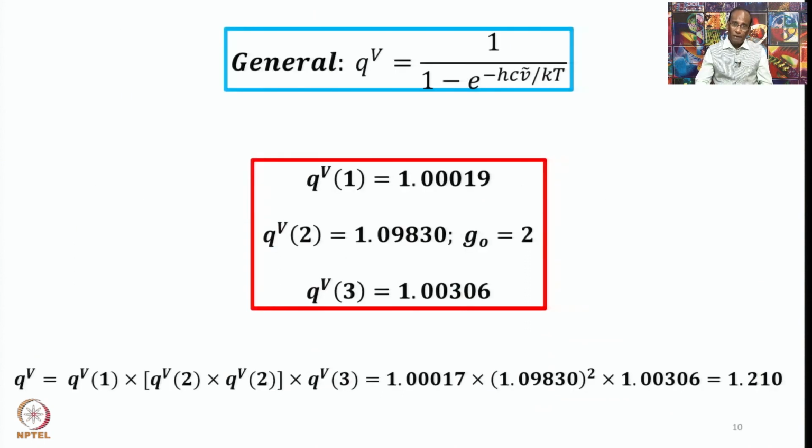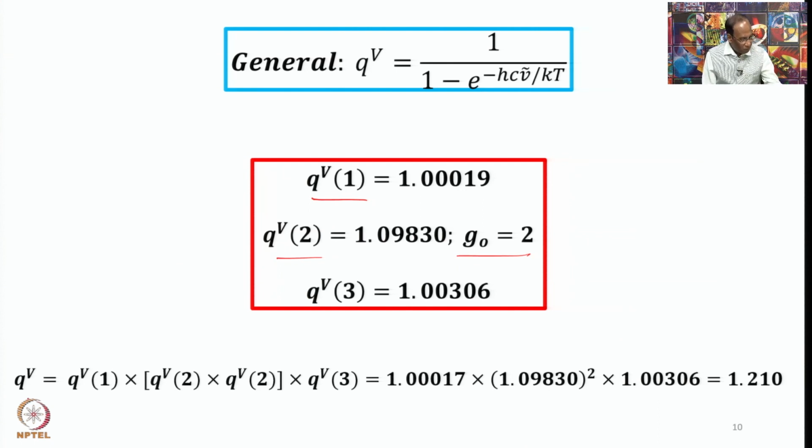Okay. Then this is another elaboration of the statement that the overall partition function is multiplicative. Here you have the first normal mode, for which the number is 1.00019. For the second mode, the molecular partition function number is 1.09830, but this is doubly degenerate. Third one, 1.00306.